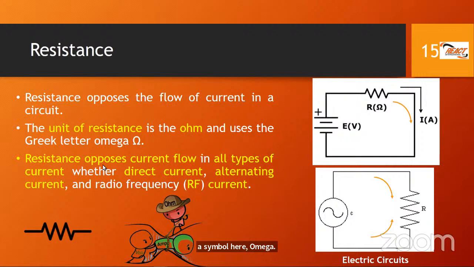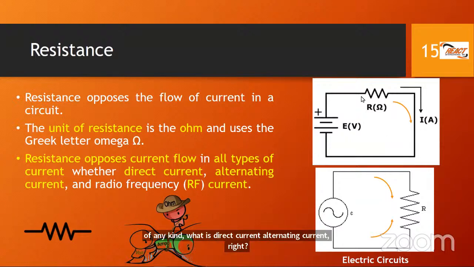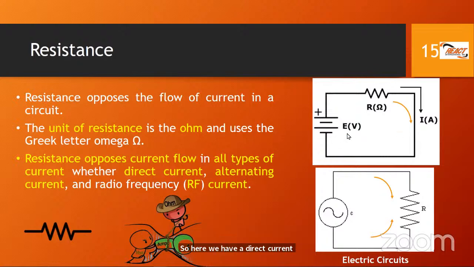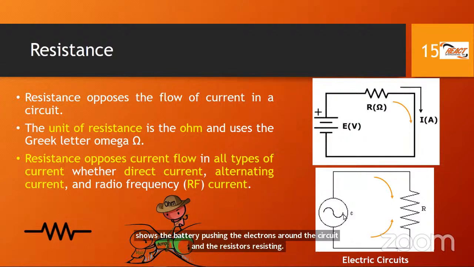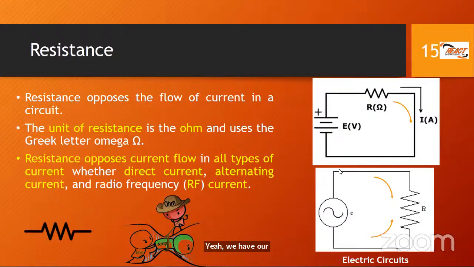And the thing about resistance is that it will resist flow of any kind, whether it's direct current or alternating current, right? So here we have a direct current schematic diagram that shows the battery pushing the electrons around the circuit, and the resistor is resisting. Here we have our trusty alternating current schematic diagram, an alternating current source, wires connected through a load of some sort and back to the source.